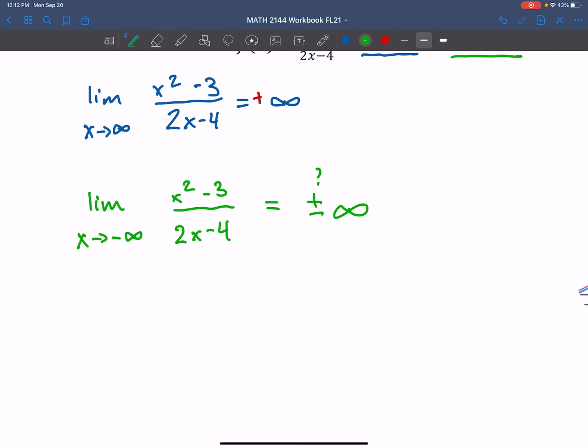You're going to be approaching negative infinity. So again, this will end up being positive when x goes to negative infinity, and this x is going to be negative when x goes to negative infinity. So then you just consider the signs. Does that answer your question?